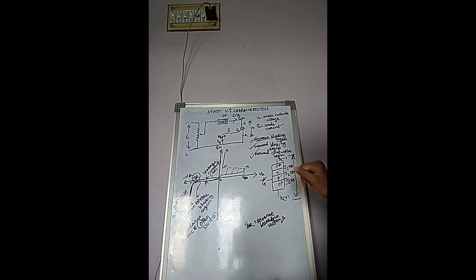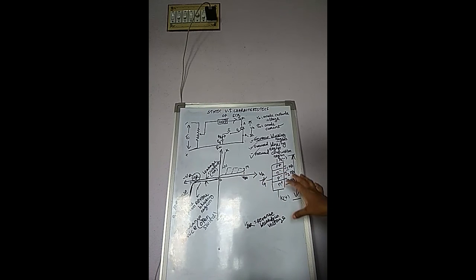It is highly doped. So the thickness of J2 depletion layer during the forward bias condition will be greater than the total thickness of the two depletion layers, that is J1 and J3.